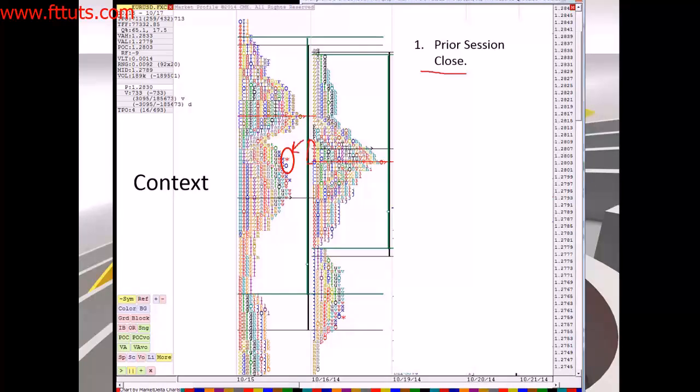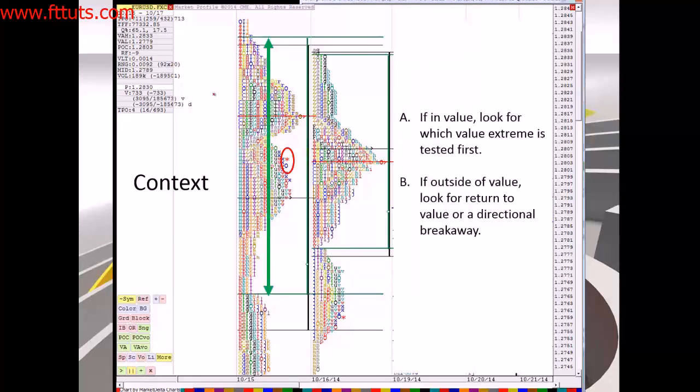The first question that we want to look at is, where did we open relative to the value of the prior session? So we opened here, right here, and this was the value area for the prior session. As you can see, here's my value area low, here's my value area high, and in this case I'm using the activity parameters, and you will find that the volume value area high and the volume value area low are also on our chart.